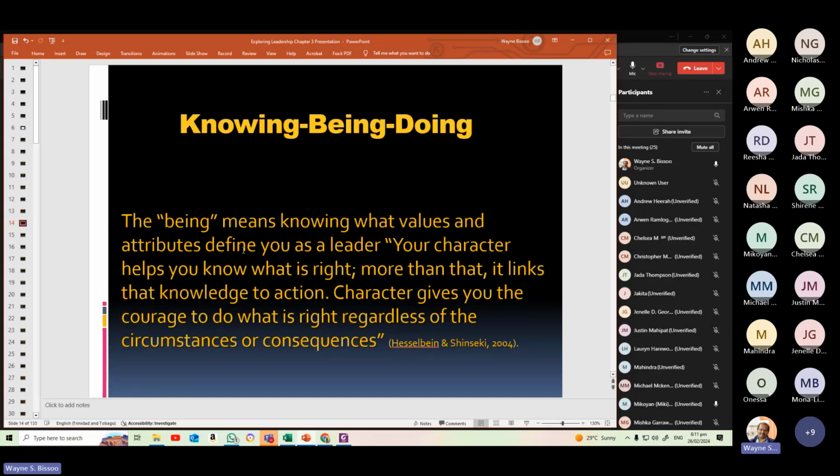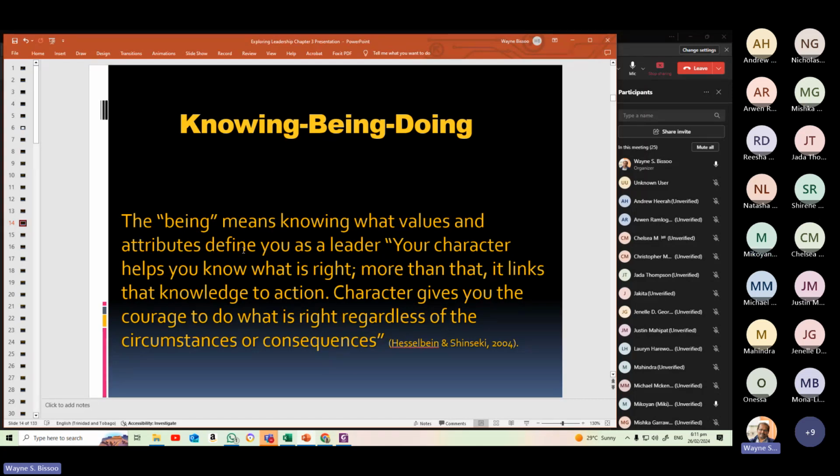All right. So now the being element, as we talked about before, is knowing what you value most, and those values or ethical standards give you a sort of behavioral context. You will behave or act in a manner that you believe to be right, and that right or correct thinking is connected to your value structure.